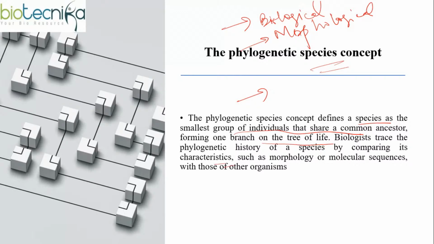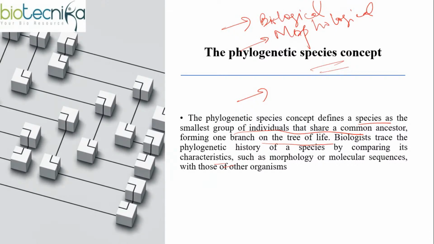That means biological, we got to know that they will be able to interbreed. Morphological, we were able to distinguish on the basis of morphological characteristics like body parts. And now, what is the phylogenetic species concept? When we compare their characteristics, it can be morphological characteristics, and also, students, it can be an interbreeding characteristic.